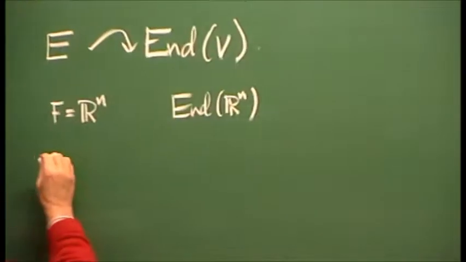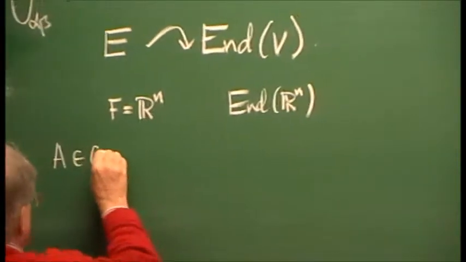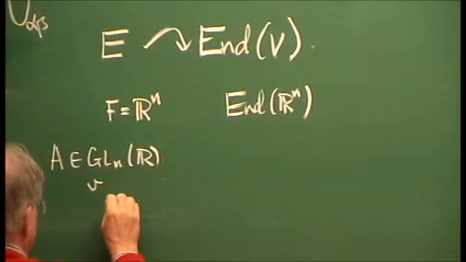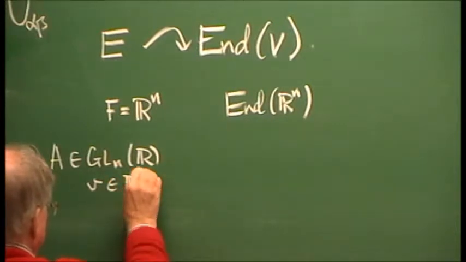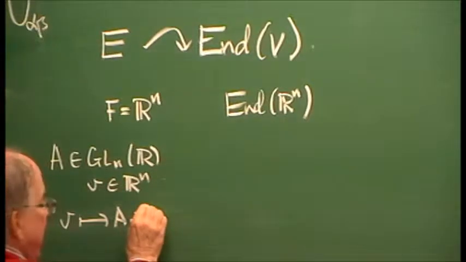Here is a vector bundle, so for A in GL(n,R), and V a column vector in Rn, then V gets mapped to A times this column vector.